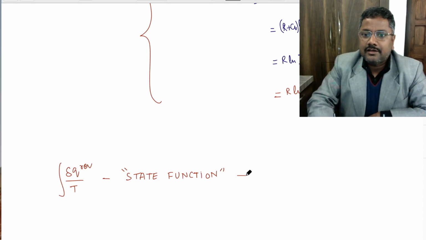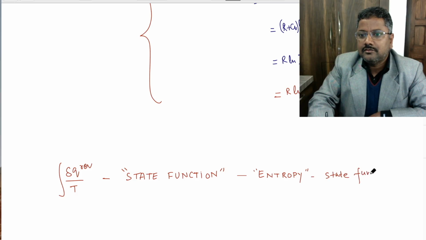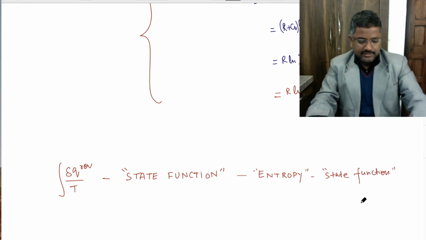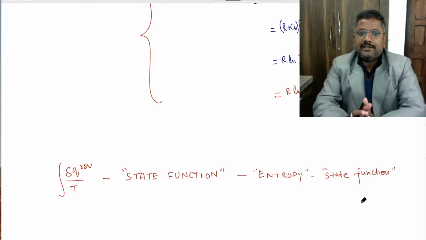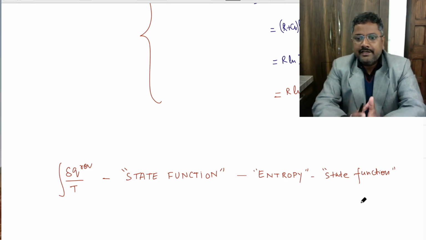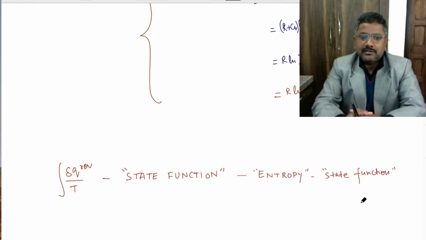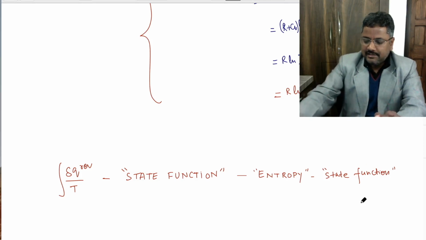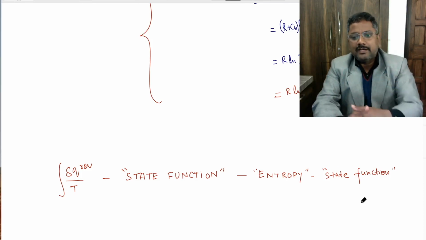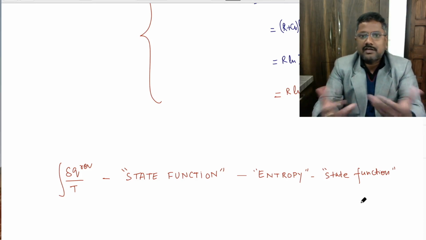This ratio of Q by T along the path is always equal whether you are moving constant pressure, adiabatic, isothermal, isochoric.